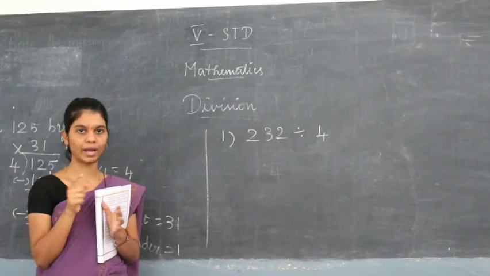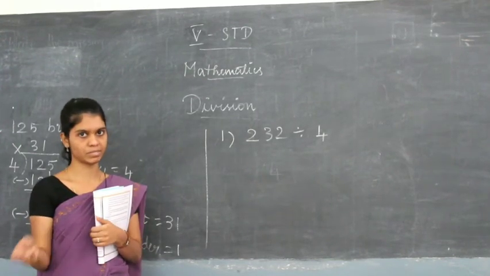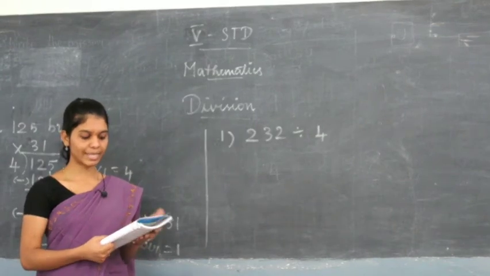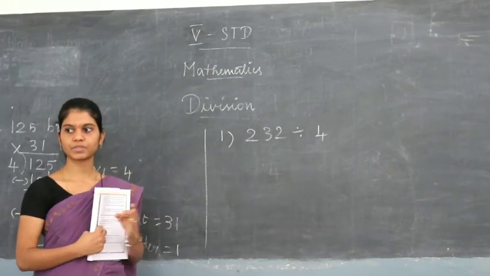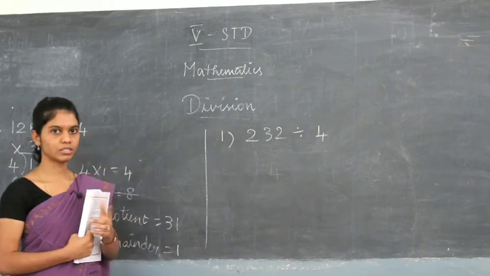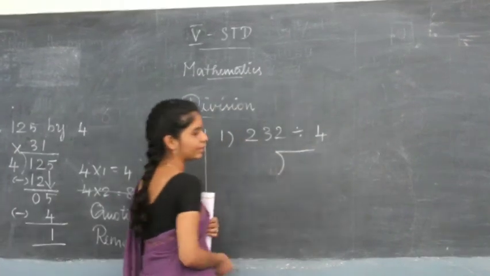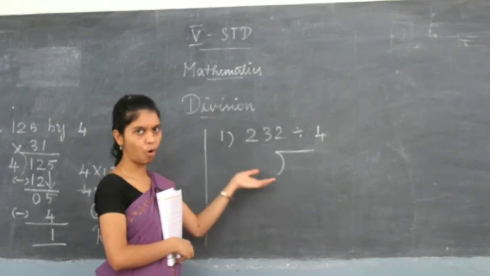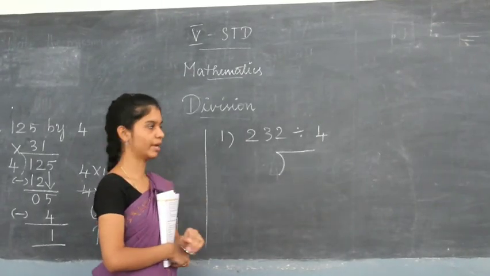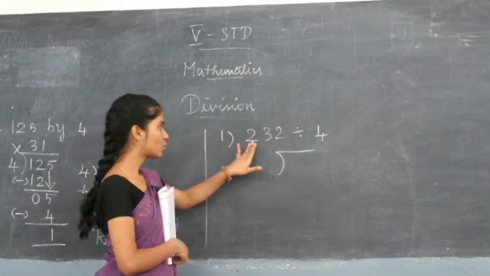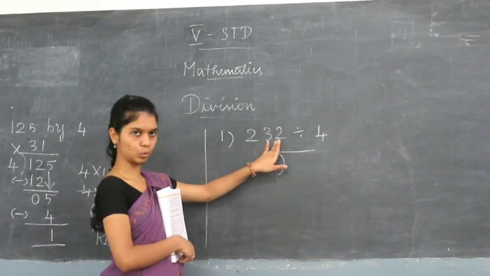That I gave you, I solved some sums and I gave you some sums as homework. So we will solve the second Roman, which is division of 3-digit number by 1-digit number. Now you should put this box, division box always. Okay. So now here 232.